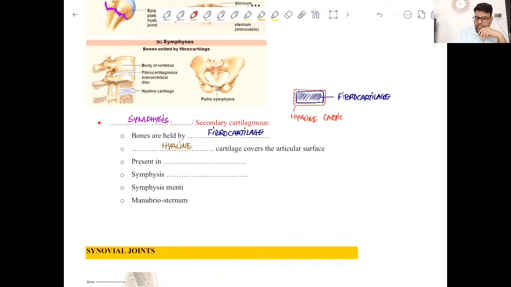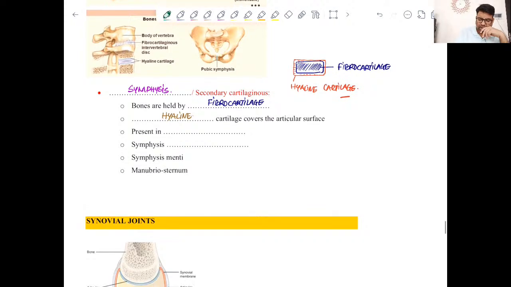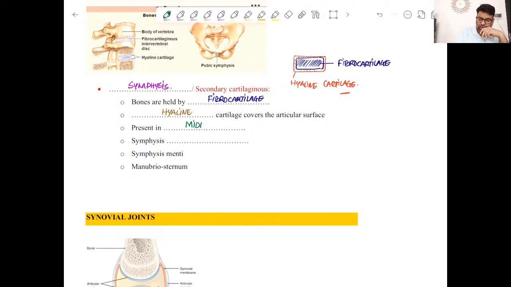Clear? So this is the structure of secondary cartilaginous joints. Main is fibrocartilage and there is a rim of hyaline cartilage. It is usually present in the midline of the body. So most of the examples of secondary cartilaginous joint are present in the midline, like symphysis pubis, symphysis menti, and manubriosternum. So all these are present in midline, secondary cartilaginous.